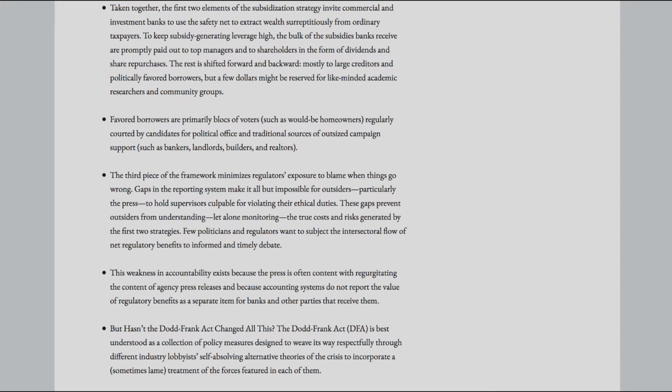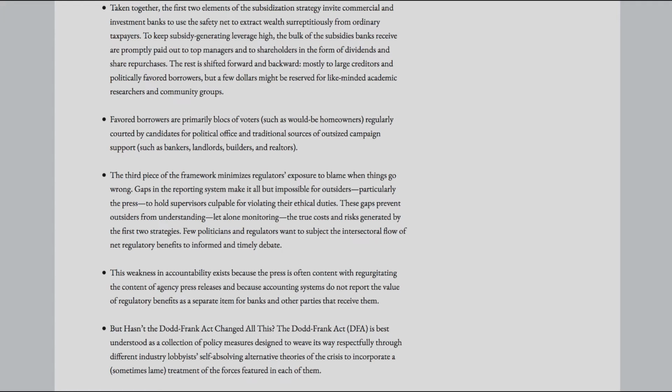To keep subsidy-generating leverage high, the bulk of the subsidies banks receive are promptly paid out to top managers and to shareholders in the form of dividends and share repurchases. The rest is shifted forward and backward, mostly to large creditors and politically favored borrowers, but a few dollars might be reserved for like-minded academic researchers and community groups.